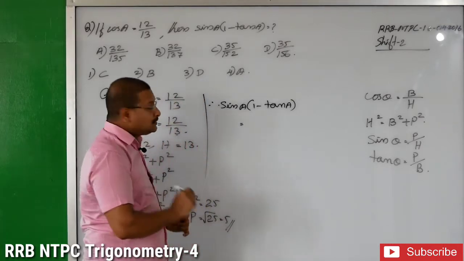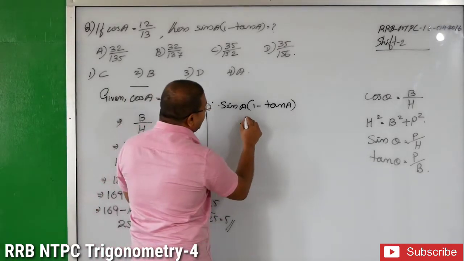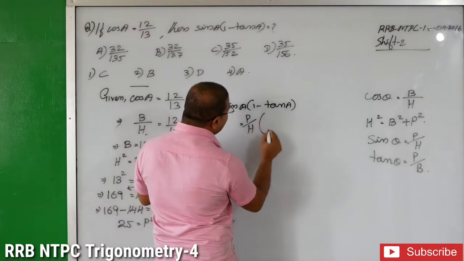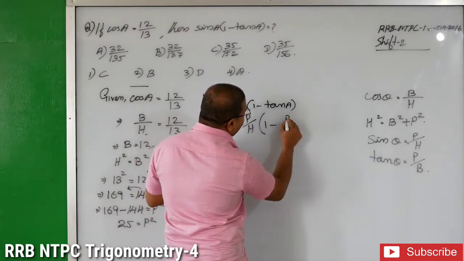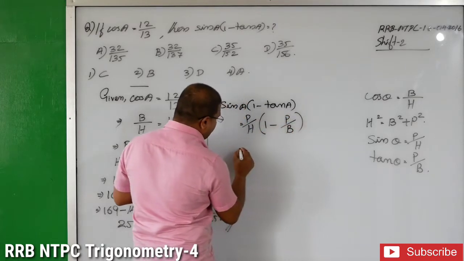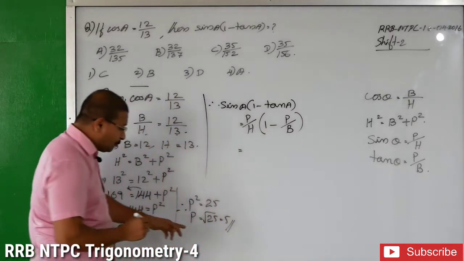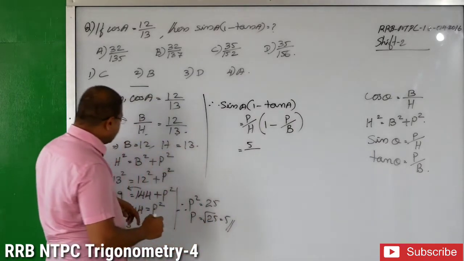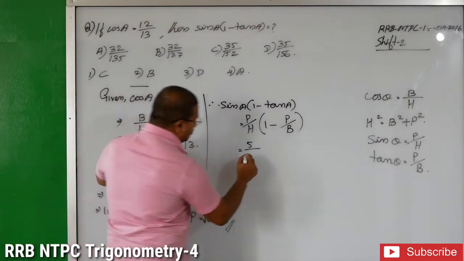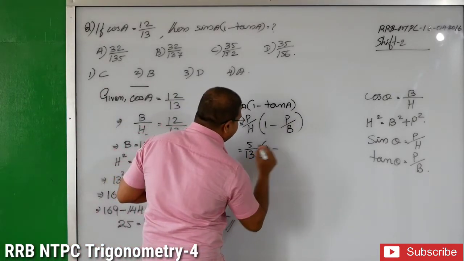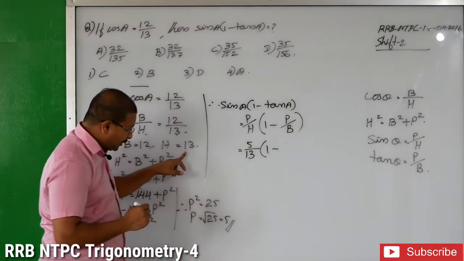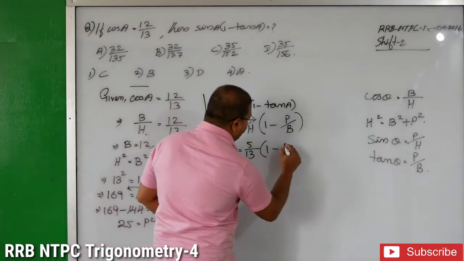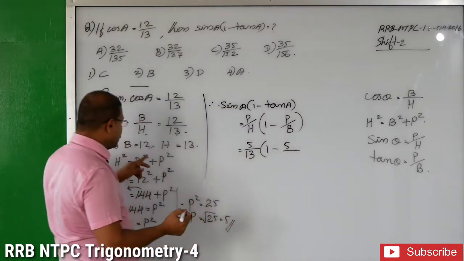equals, sin means perpendicular by hypotenuse into 1 minus tan is perpendicular by base. What is the value of perpendicular here? 5. 5 by hypotenuse, that is 13, into 1 minus perpendicular 5 divided by base 12.